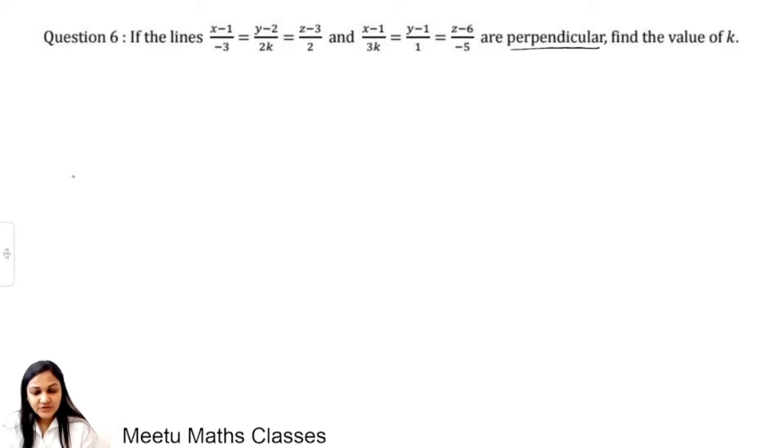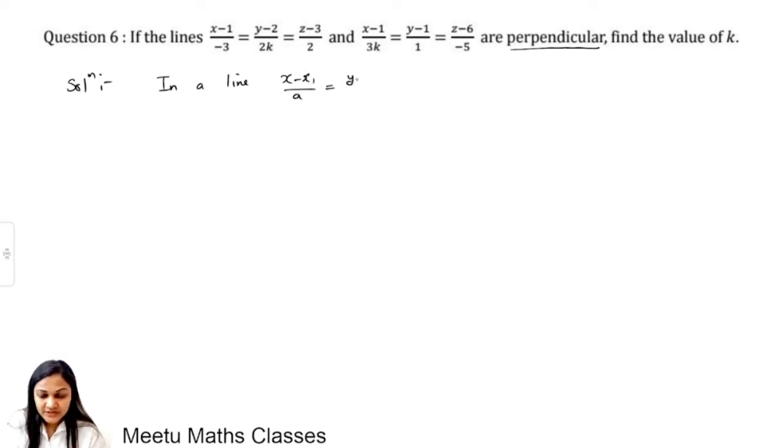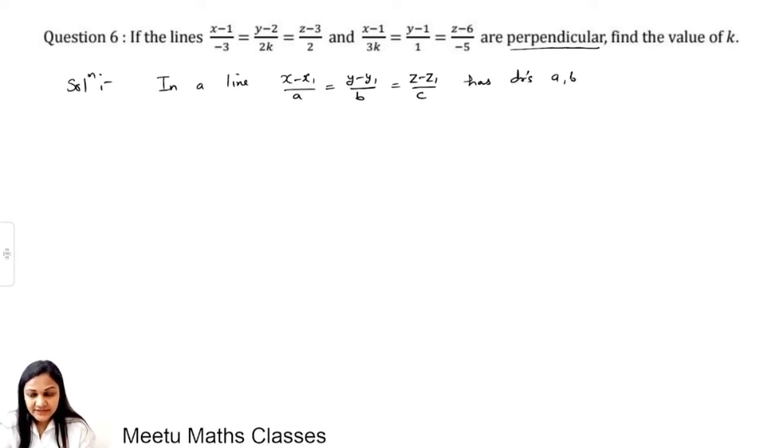Now we know that in a line (x minus x1) upon a is equal to (y minus y1) upon b is equal to (z minus z1) upon c, this line passes through (x1, y1, z1) and has direction ratios a, b, c. So let this be your line 1: (x minus 1) upon minus 3, (y minus 2) upon 2k, and (z minus 3) upon 2.